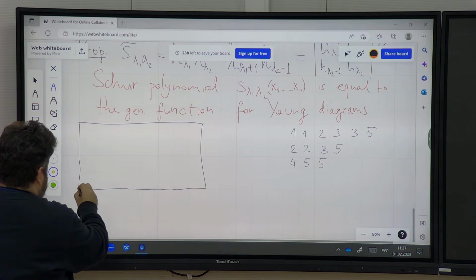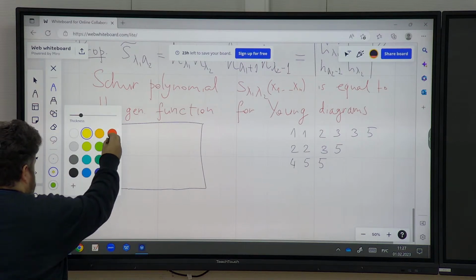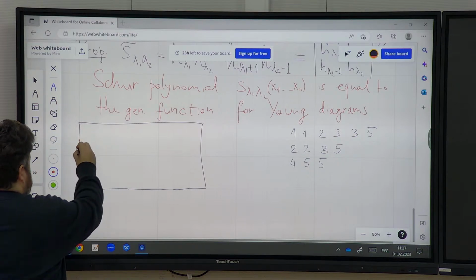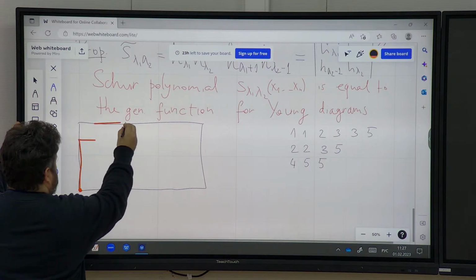I can make it yellow, maybe not much visible. So I draw it like this: 4, 5, 5.